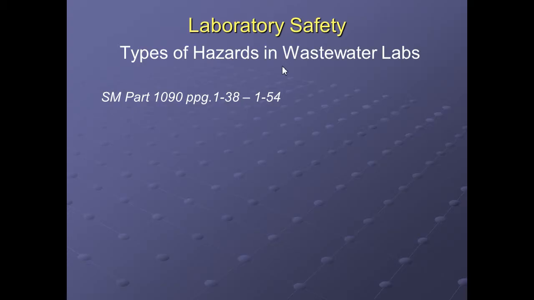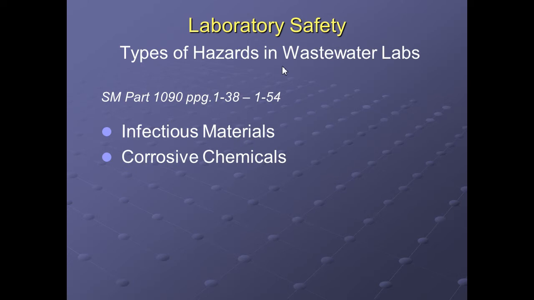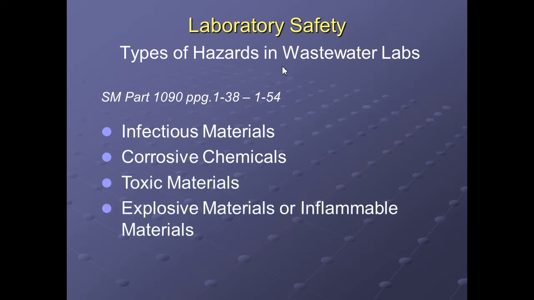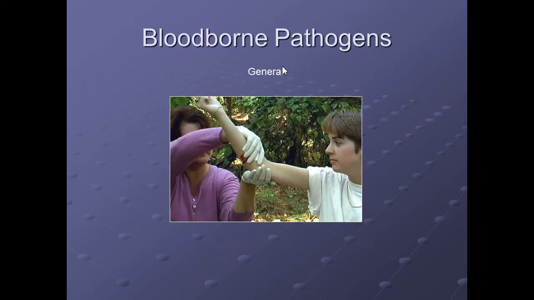The types of hazards in a wastewater laboratory, there's several of them. The standard methods also has a part 1090, and that part 1090 tells you about hazards in the lab. There's infectious material, corrosive material. You have toxic, explosive, and inflammable material.